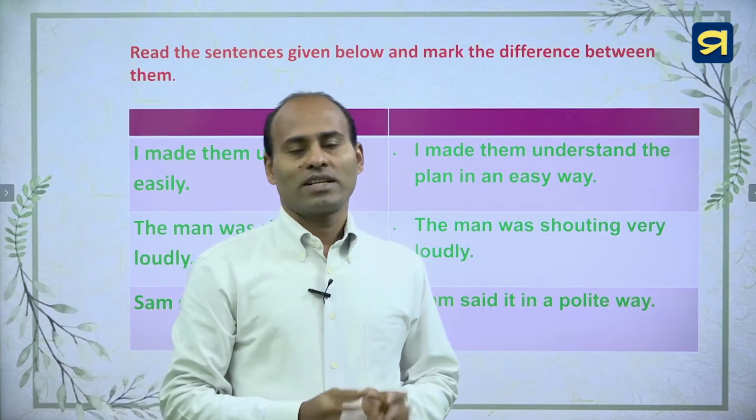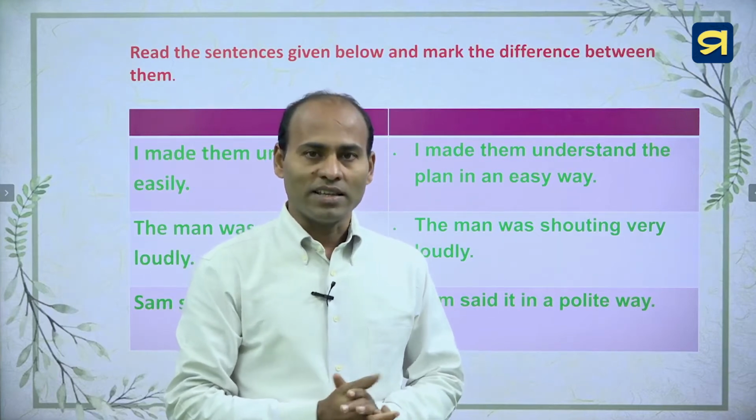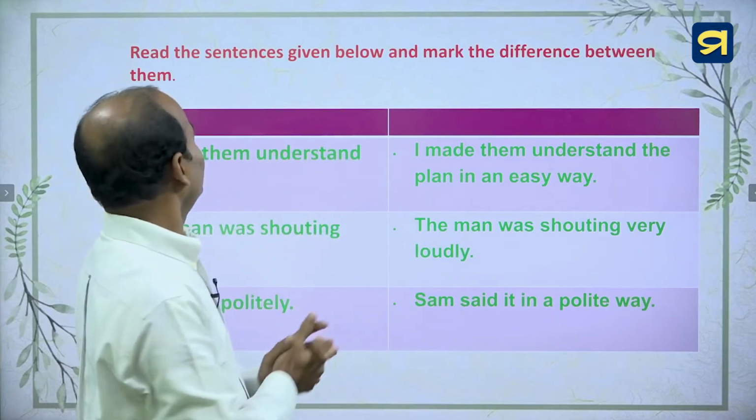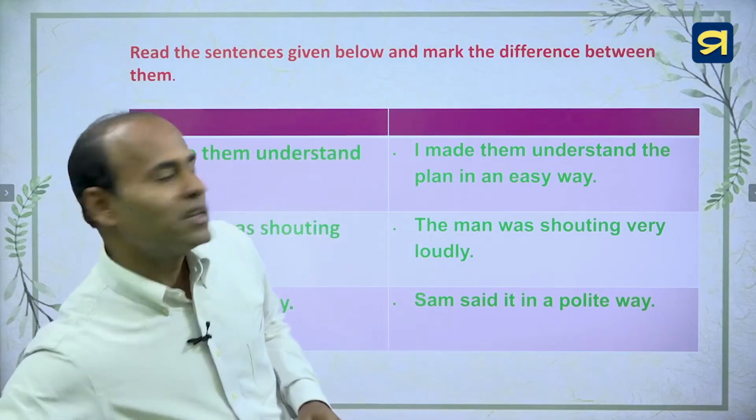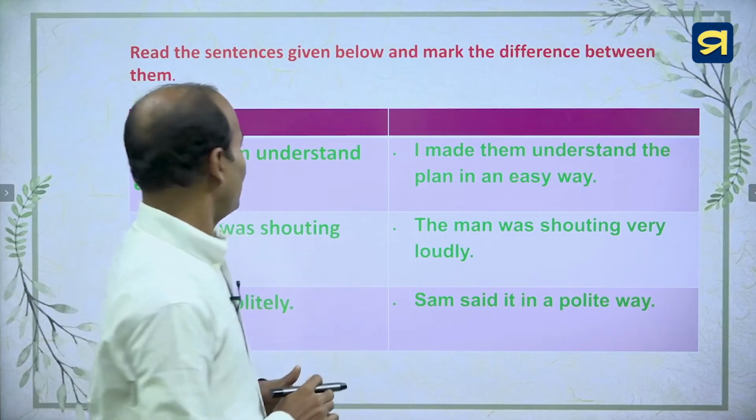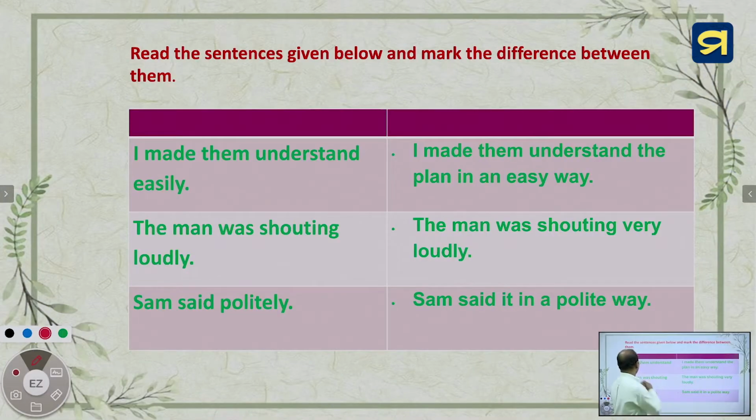Before leading to our main theme, please read the sentences given below and mark the difference between them. I made them understand easily. I made them understand the plan in an easy way.